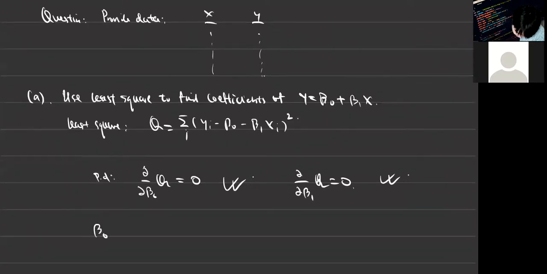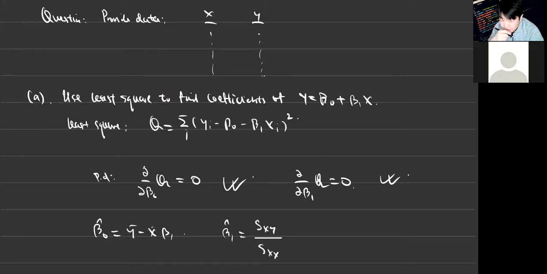Immediately you solve for beta 0 like this, and then beta 1 is going to be something like this. I'll just use a shorthand notation, SXY over SXX. If you want to know what they are, they're in the previous recitation.